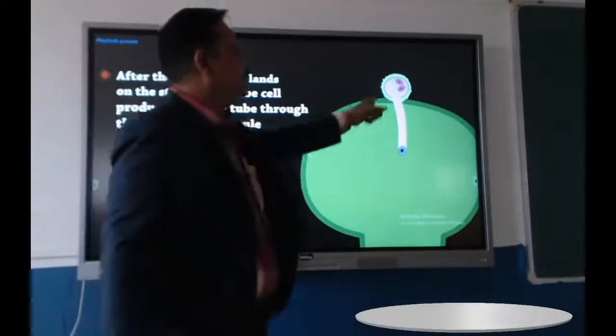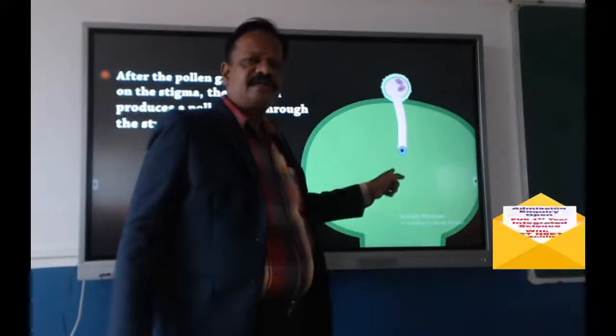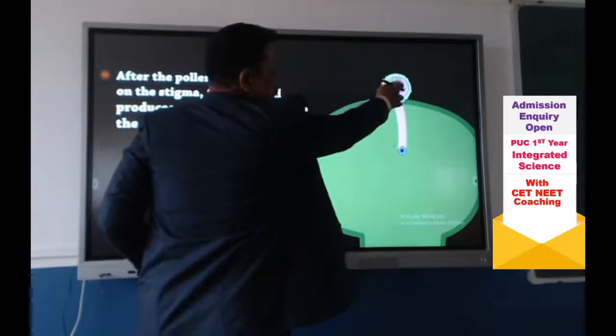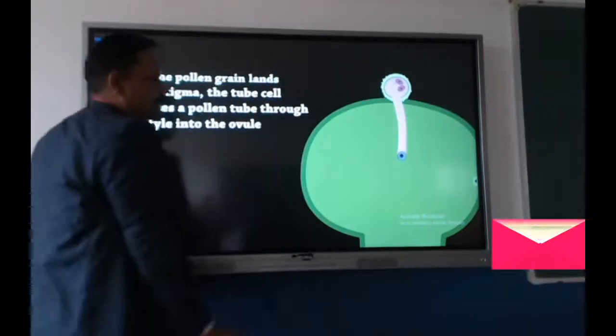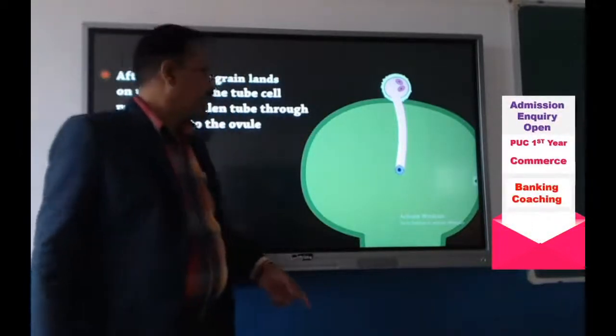The pollen grain produces the tube, and the tube enters into the stigma. It carries the male gametes, that is, the male nuclei, inside. That is called the pollen tube.